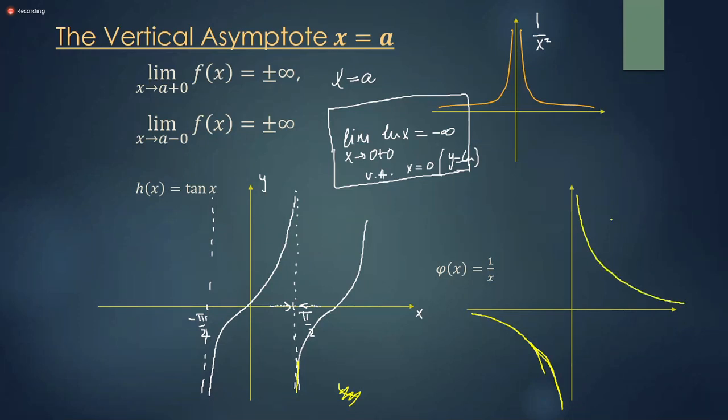And you see that, yes, again, from the right, when x tends to 0, 1 over x stays positive, it's plus infinity, and the other one-sided limit, I'm reminding you, x tends to 0 minus, so from the left, like this, we see the function goes to negative infinity, of course.